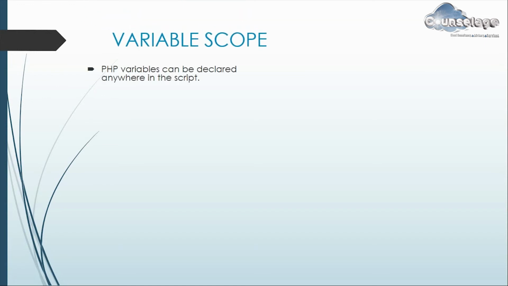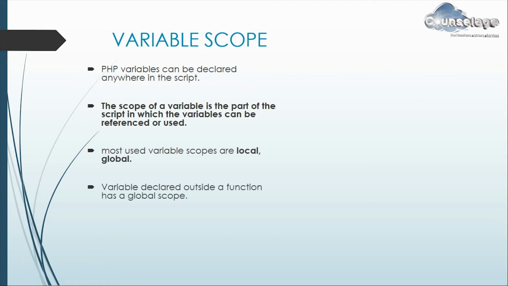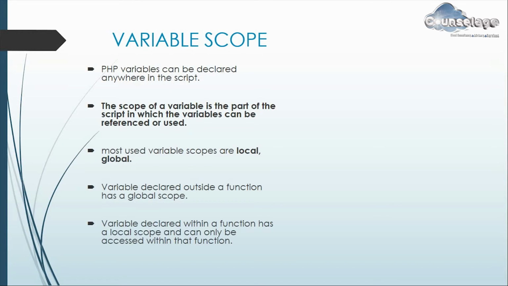PHP variables can be declared anywhere in the script. The scope of a variable is the part of the script in which the variable can be referenced or used. Most used variable scopes are local and global. A variable declared outside a function has a global scope, and a variable declared within a function has a local scope and can be accessed within that function.